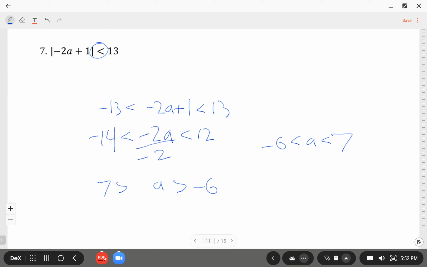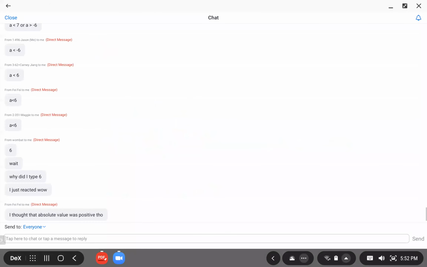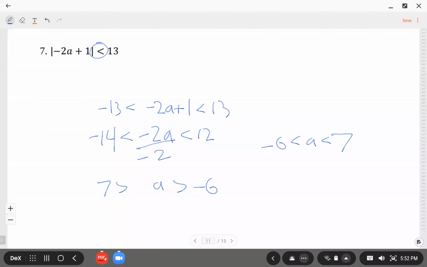So, the absolute value is positive. You don't just take away the absolute value lightly. You have to think about it, because there are two possibilities for this one.